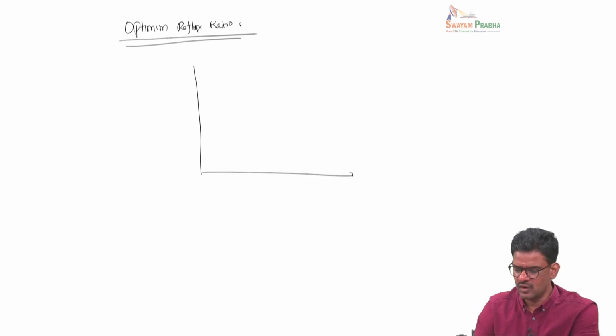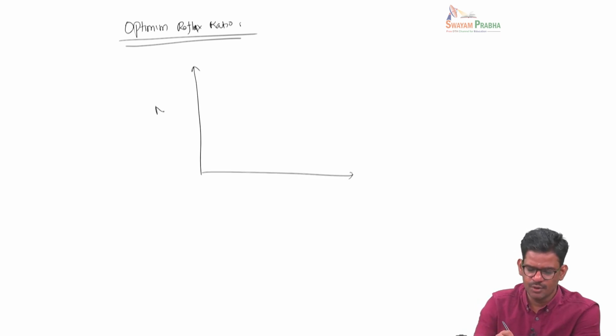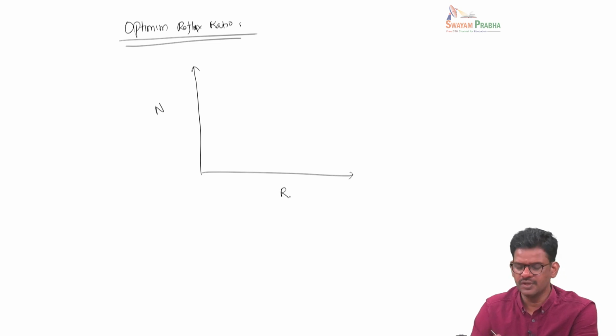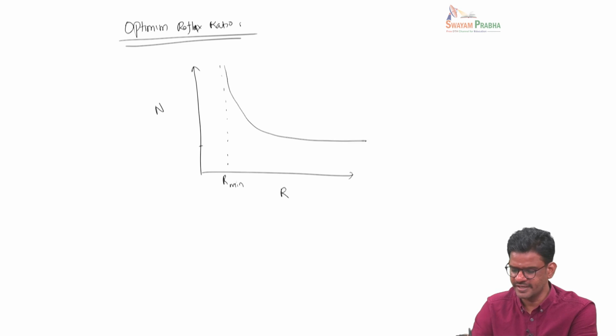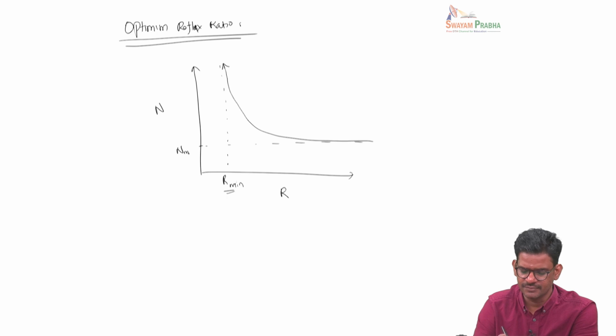So if I have to plot the number of stages as a function of reflux ratio, corresponding to R minimum, the number of stages goes to infinity, whereas when R goes to infinity, the number becomes minimum. So you expect the number of stages to go like this. When R is R minimum, this goes to infinity. When R goes to infinity, N reaches N minimum value.